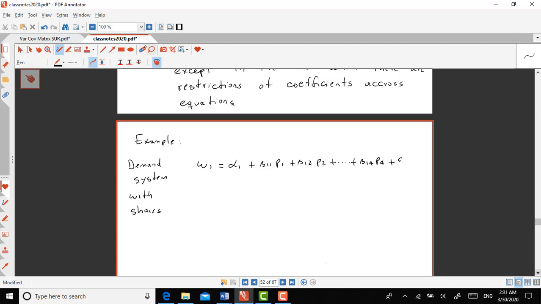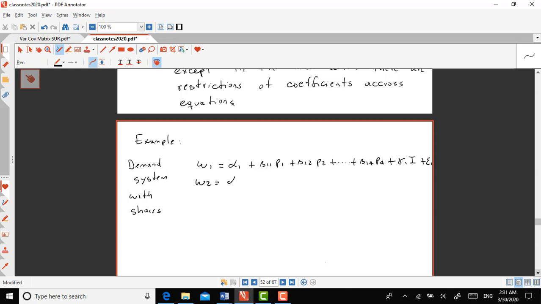This is the income term, plus alpha 1 I. So that's the income. So this is the first equation. It's the share for the first good as a function of the prices of the four goods and income.